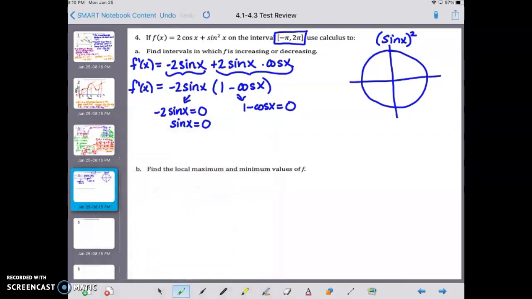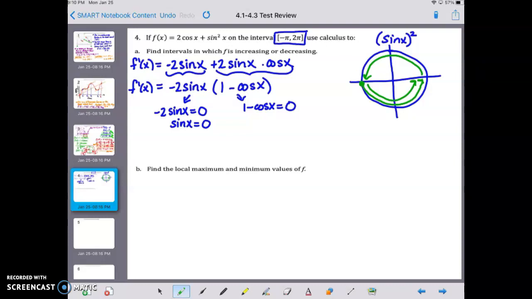Because negative pi technically would be right here, right? But then we'd be moving in this direction and we'd be going back to 0, and then we'd be going to pi, and then we'd be going to 2 pi. So our window that we're looking at for this problem is 1.5 times around the unit circle.